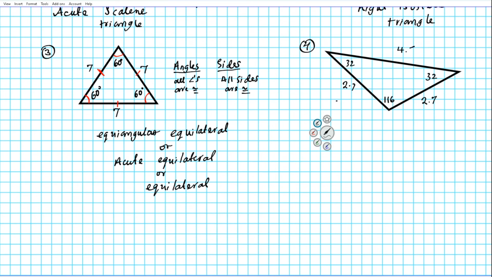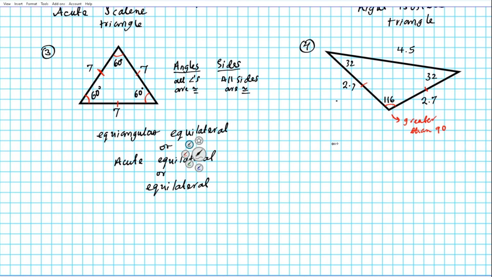All right, so how do you name this triangle? So let's mark it first. We know that these two angles are the same. Well, this angle right here is greater than 90 degrees. And then we have these two sides are the same.